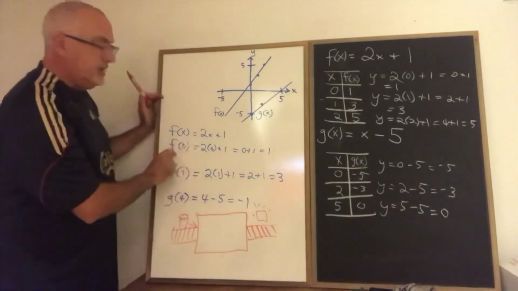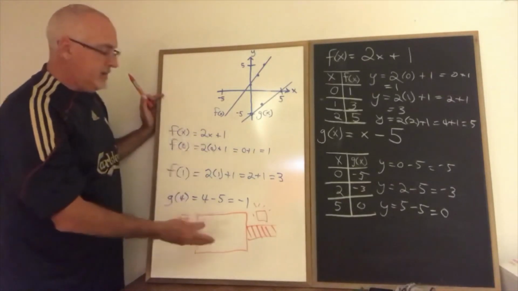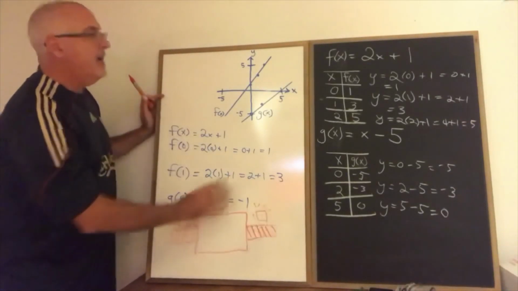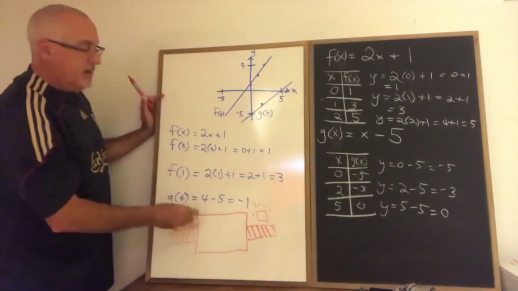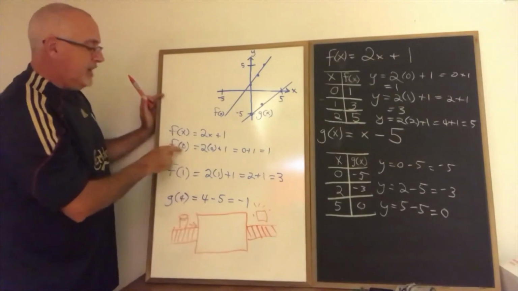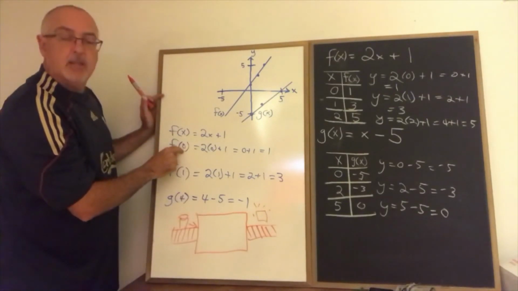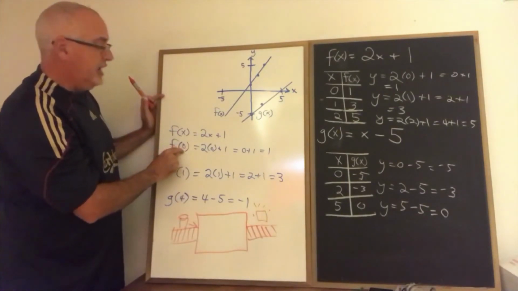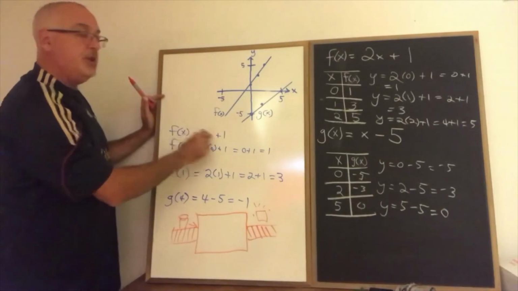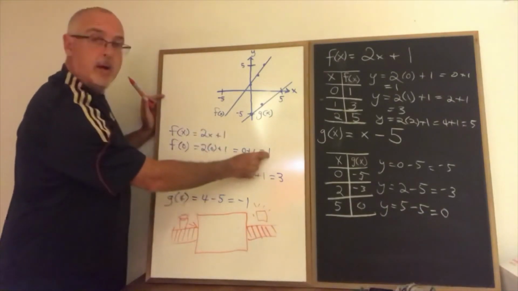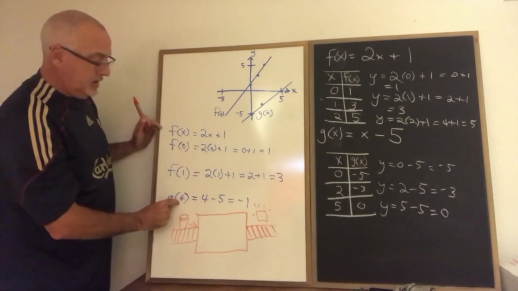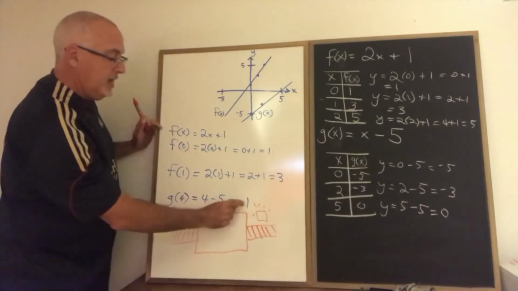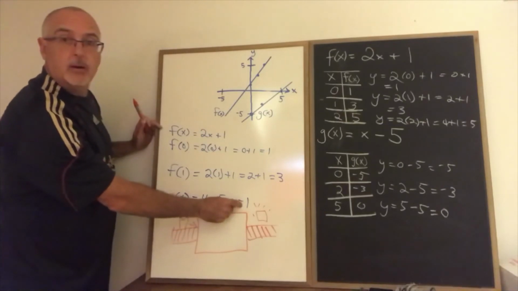I see this functions notation as a way of seeing the function equation as like a machine. I'm plugging a 0 as my x, as my raw material here, into my machine, and it's giving me a 1. I'm plugging my 4 as a raw material into this machine, and it's giving me a negative 1 as the product.